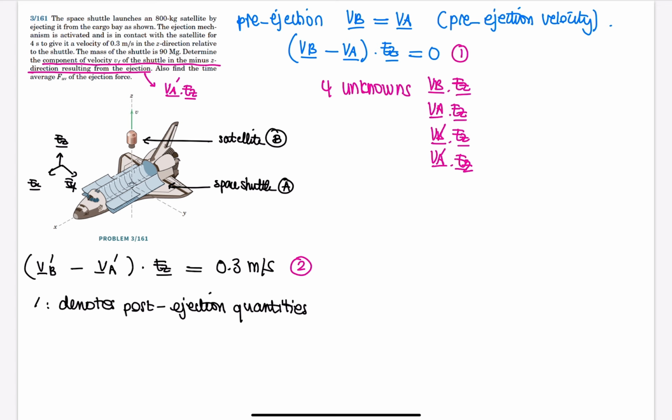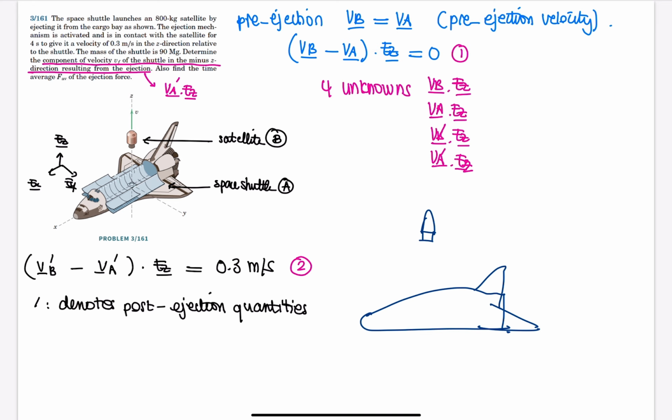Speaking of forces, let's draw the free body diagram of the space shuttle and the satellite. Maybe each one on its own. This is my space shuttle. Again, not the best drawing, but let's make it work. Okay, so this is in space, really no gravity up there, so no weight is acting on the space shuttle or the satellite.